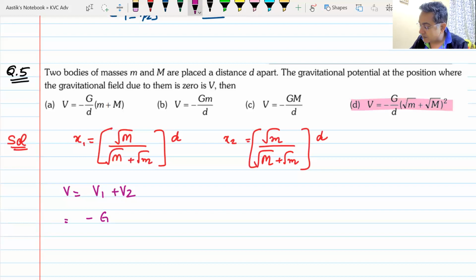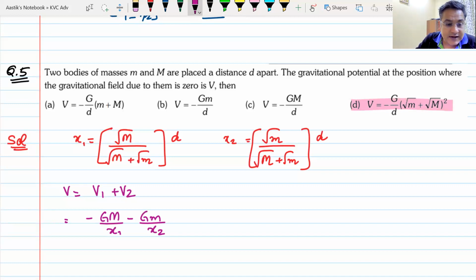V1 will be minus G capital M by x1, minus G small m by x2. You just have to put the values, get the answer, and stay happy. Well done. That means you remember it.